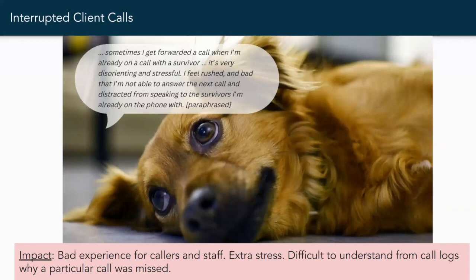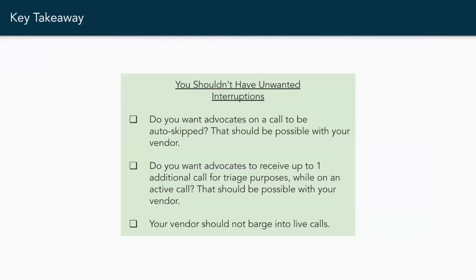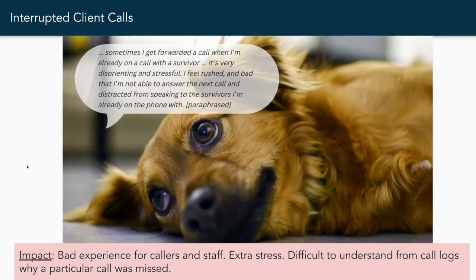I've definitely also been on calls where a survivor heard the beeping sound of a new call coming in and decided to end the call abruptly, or felt that the agency didn't think their crisis counted.